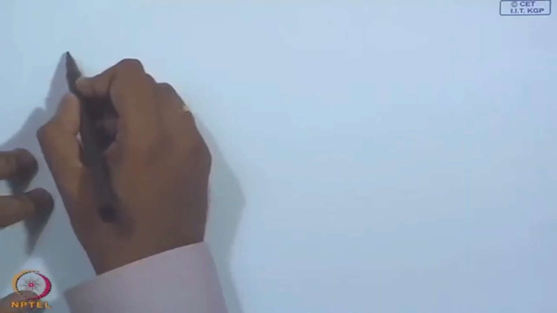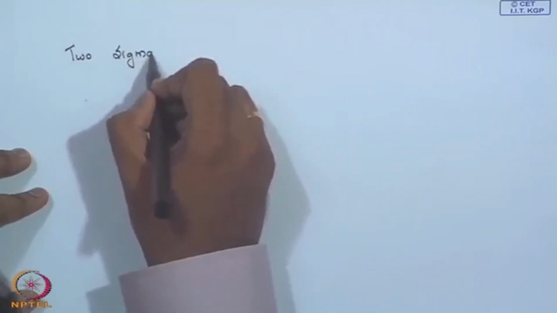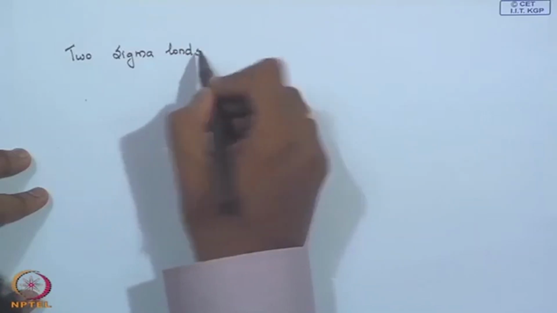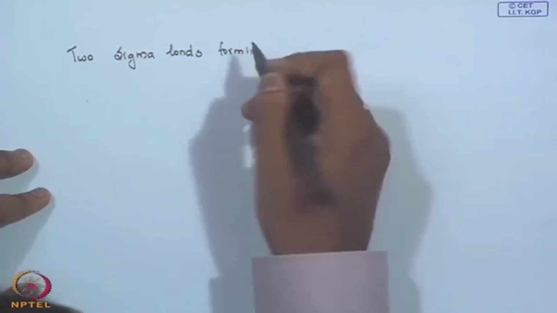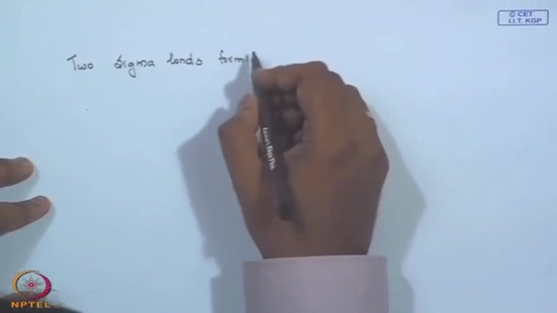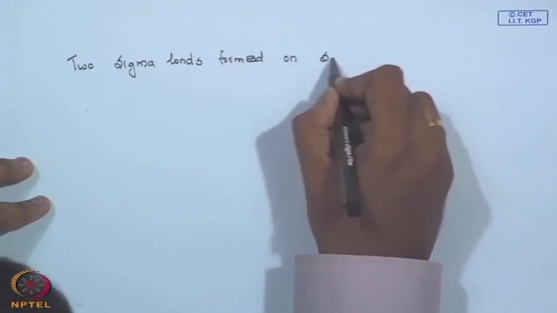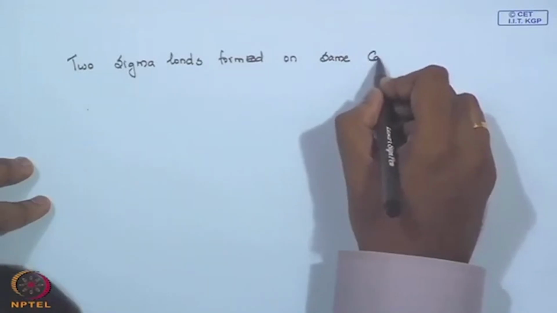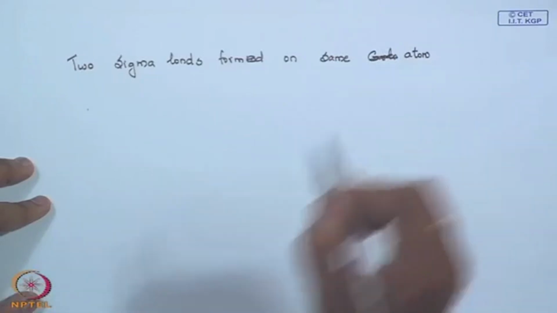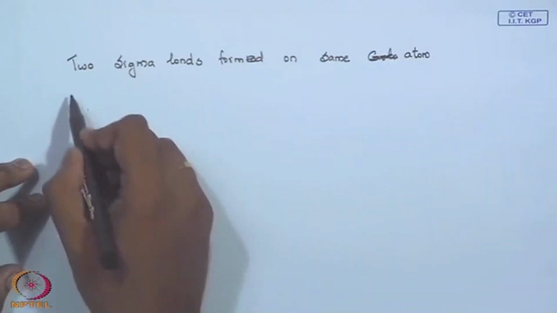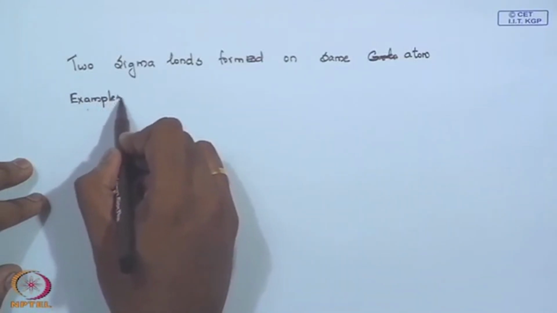First we will take 2 sigma bonds formed on the same atom. Okay, same atom, not just carbon, same atom. So we will see some examples for that, then you can understand the definition much better.